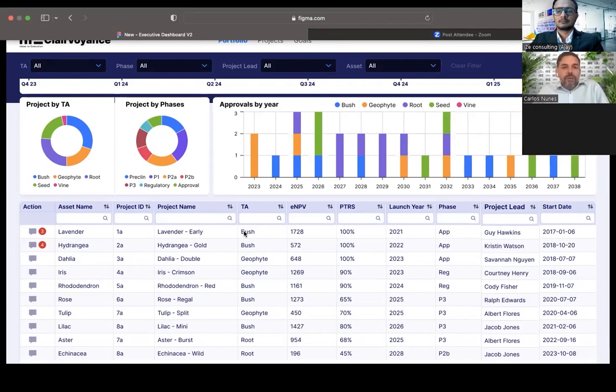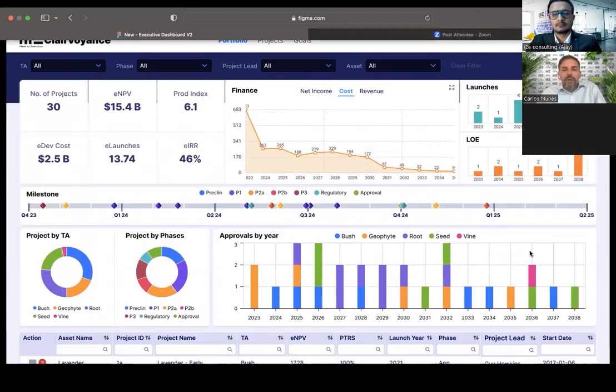So I've included a few here, and this would be part of the standard readiness offering that we would put together: what data is the most useful for building these things quickly and usefully. So TA, ENPV, PTRS, launch year, phase, start date, and there are more, but we could talk about that in the overall data engineering that we've done for this. Okay, so that gives you a sense for it.